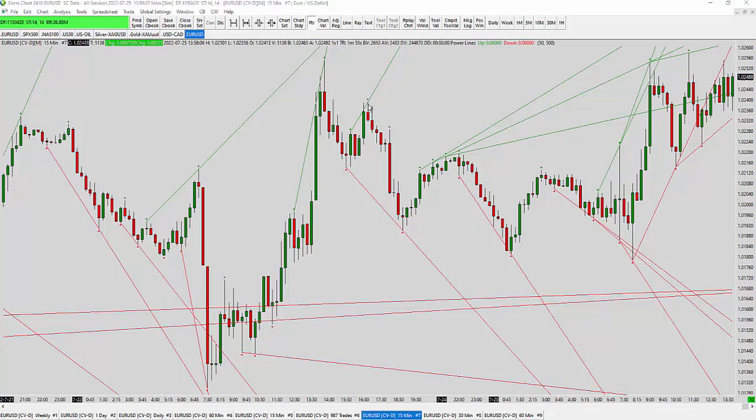So you have to have at least two lower highs on each side. See, lower high, lower high, lower high. This has 4, this has 2, 3 on each side.